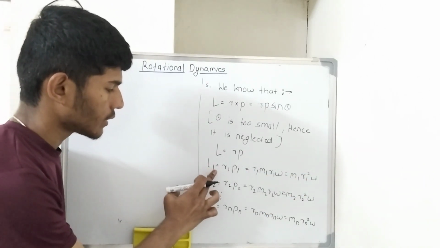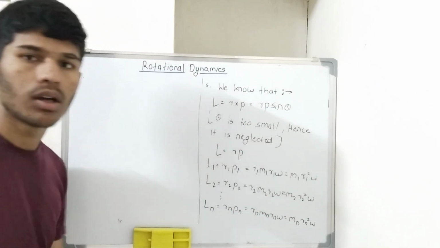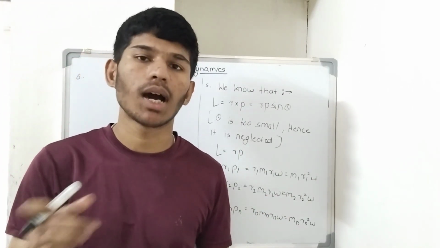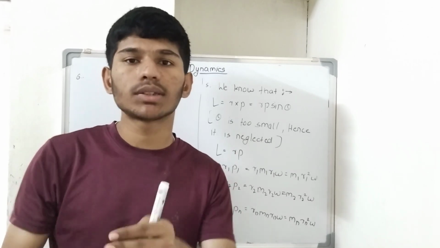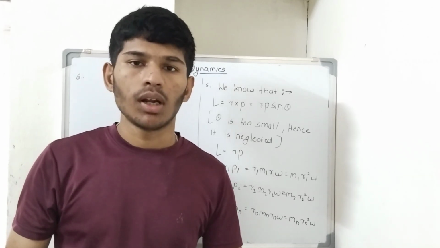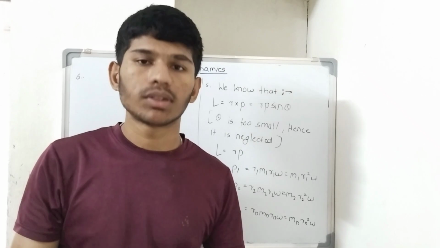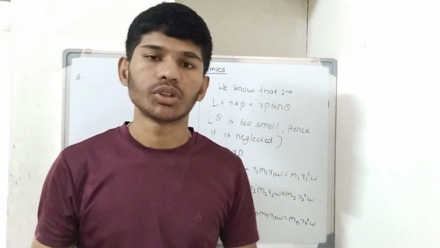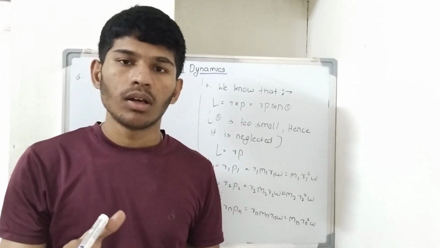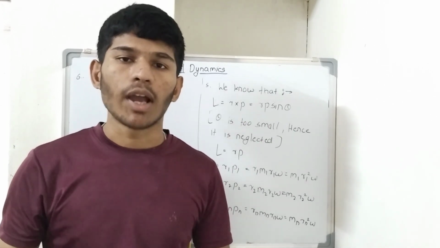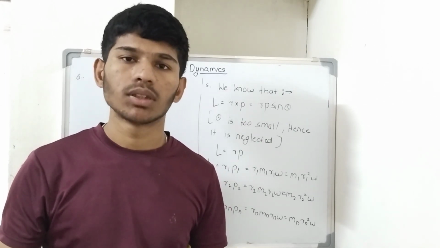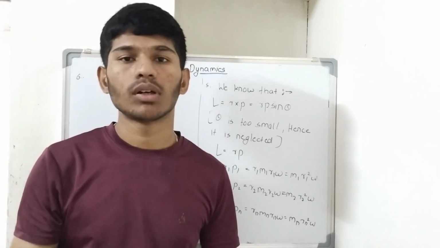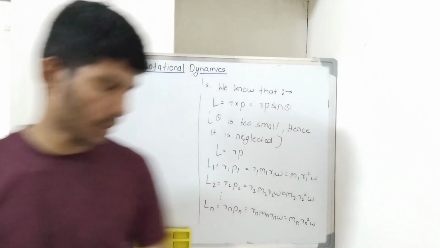So these three factors, L1, R1 and omega, all have the same direction, that is, they are all directed towards the axis of rotation. So from this assumption we can write that all the angular momentum for the individual masses can be algebraically added to find the magnitude of the angular momentum.